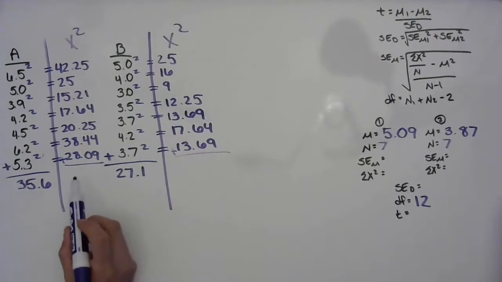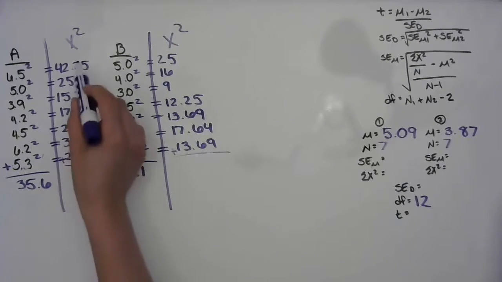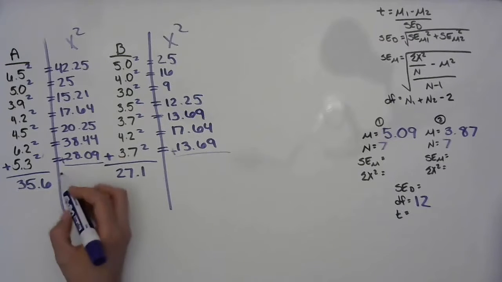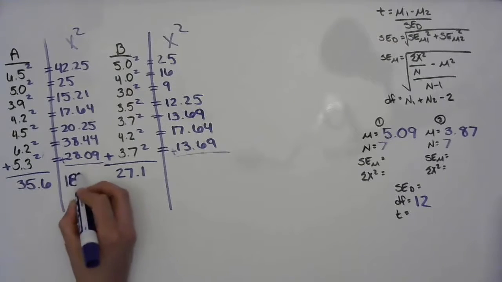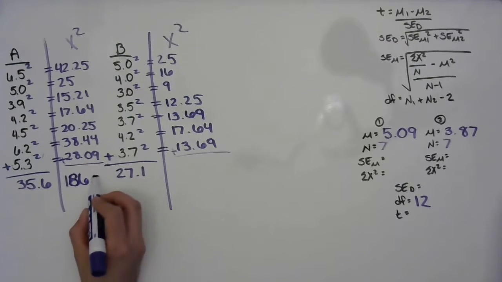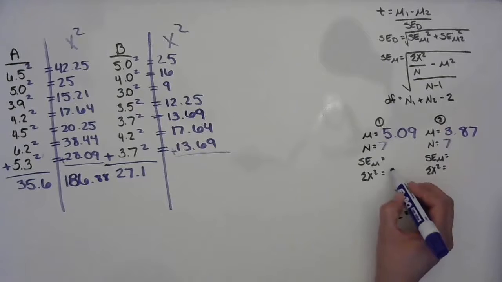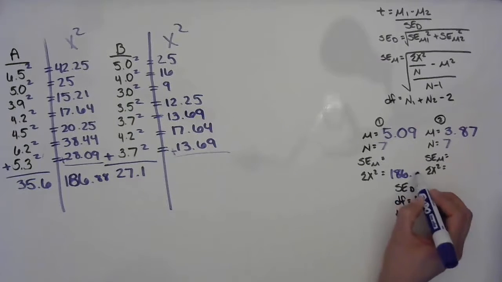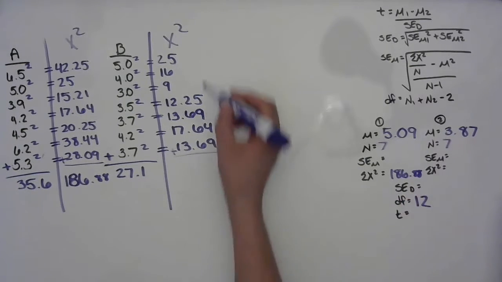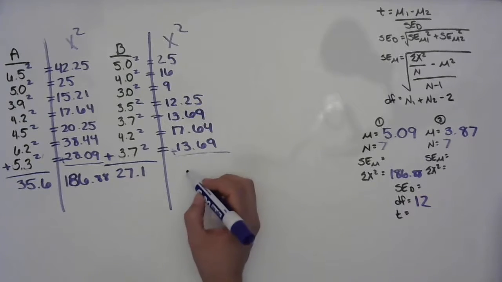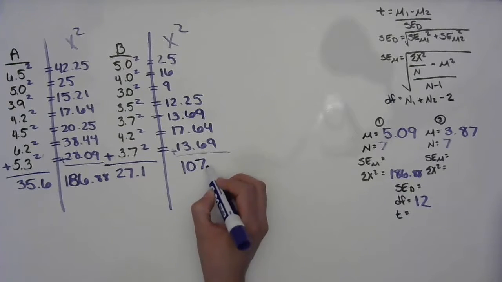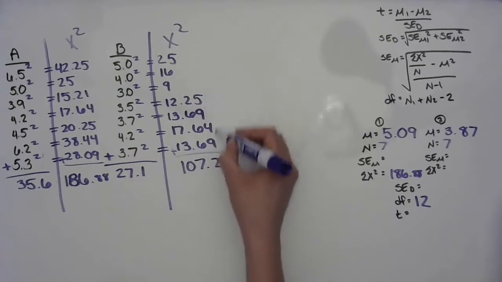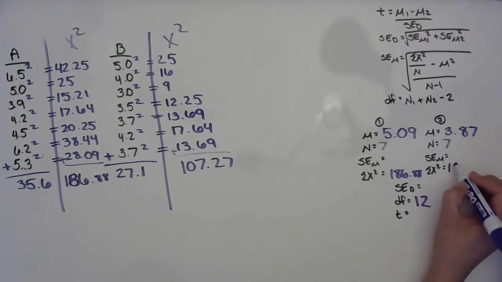For Group A, when we add all of the squared scores together, we get 186.88. And then we do the same thing over here for Group 2. That gives us 107.27. We're just adding all of these numbers up here.